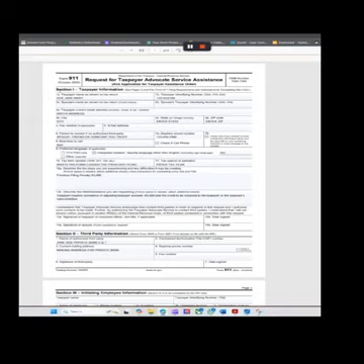I know some people are saying, oh, you want to set up a trust. You can go about it that way, but the trust already exists. Right now, you got the Social Security number.